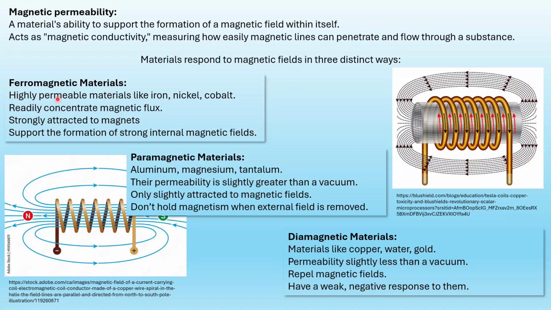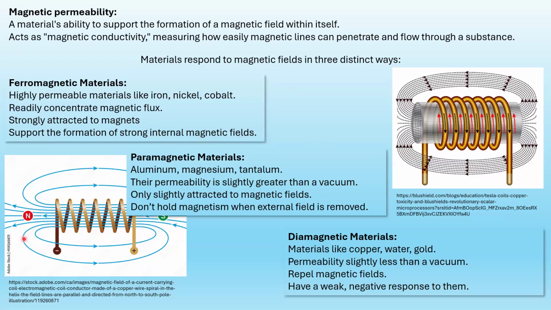Ferromagnetic materials, highly permeable materials like iron, nickel, cobalt, readily concentrate magnetic flux and are strongly attracted to magnets. Physically, we got a physical attraction to magnets. They support formation of strong internal magnetic fields.